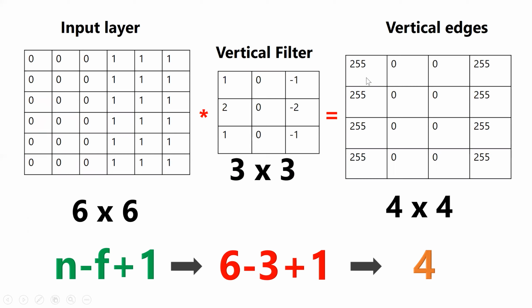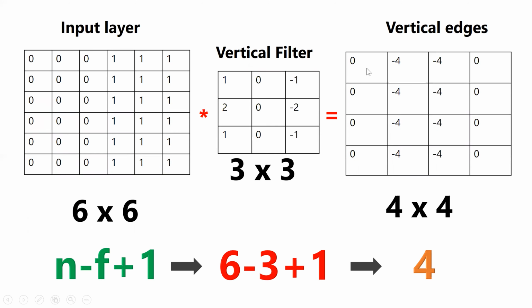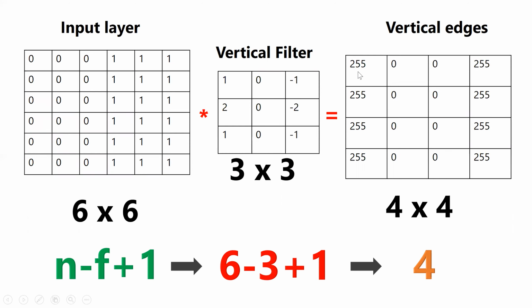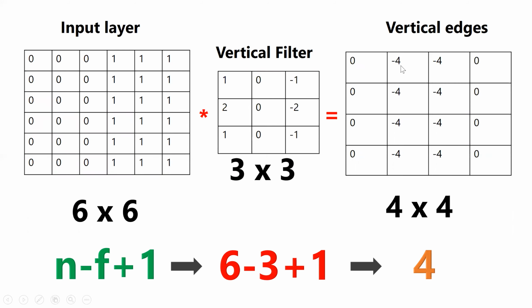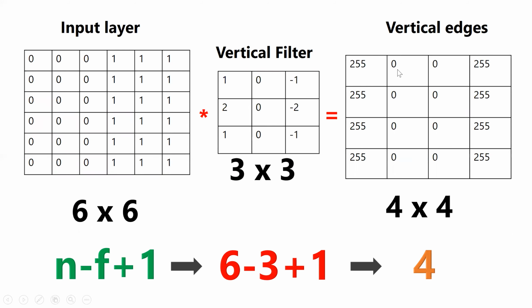Min max scaler is nothing but converting the values to its maximum values. We are converting a minimum value to a maximum value. If you see in this image, the minimum value is 0 and the maximum value is 255. That's why we changed to 255. But in this one, the minimum value is -4 and the maximum value is 0. That's why we are changing it here to 0. That is the use of the min max scaler.